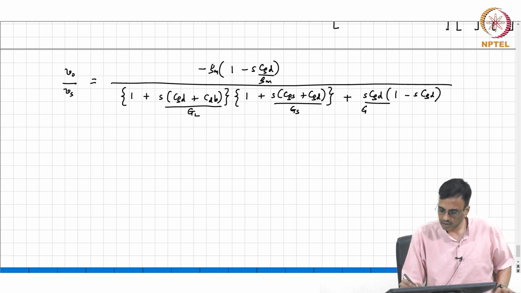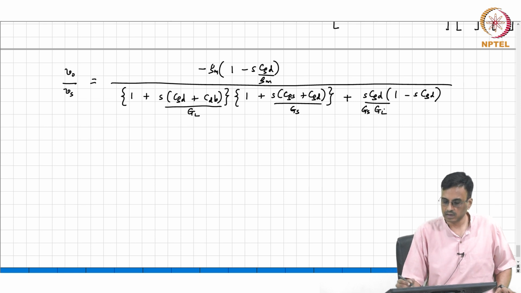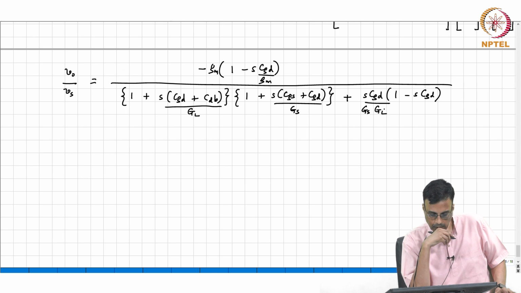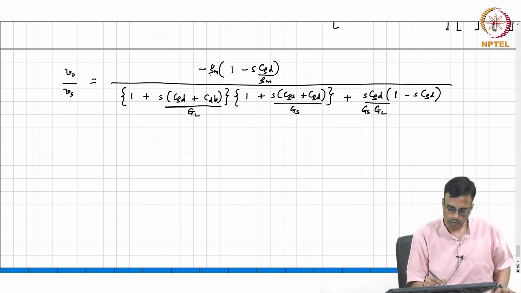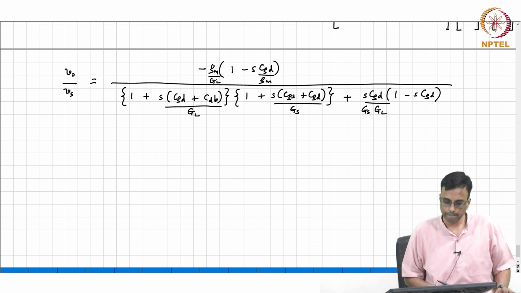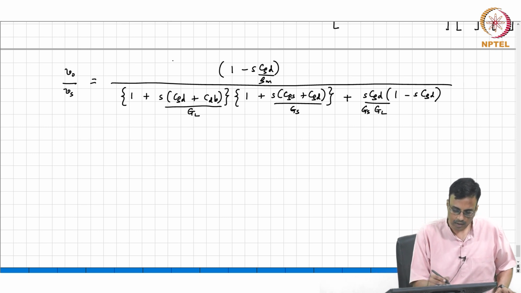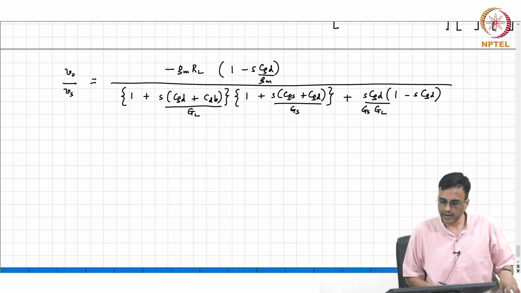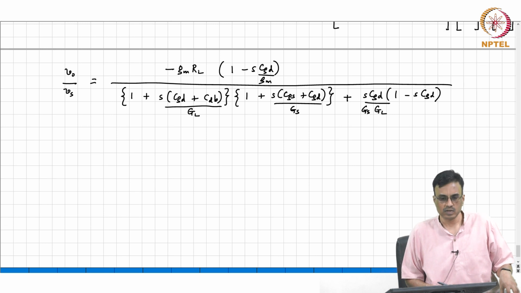This becomes GS GL. Okay. And therefore, the numerator I should get 1 over GL. So, this gives us nothing but minus GMRL times a numerator term which reduces to 1 when S equal to 0, and a denominator term which also reduces to 1 when S equal to 0.